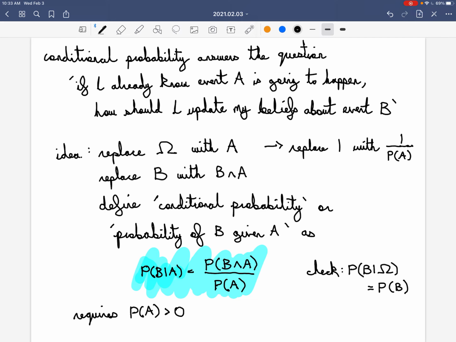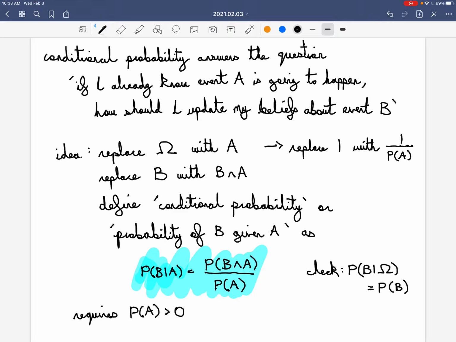And so what we need to do to incorporate this type of question into our mathematical theory is to figure out a way to assign numbers between 0 and 1 to events that are conditional or contingent on another event A.